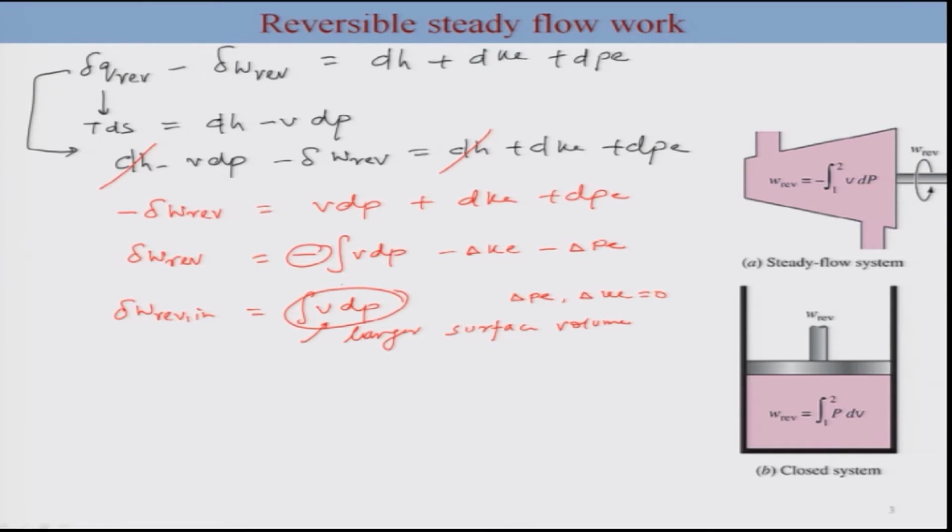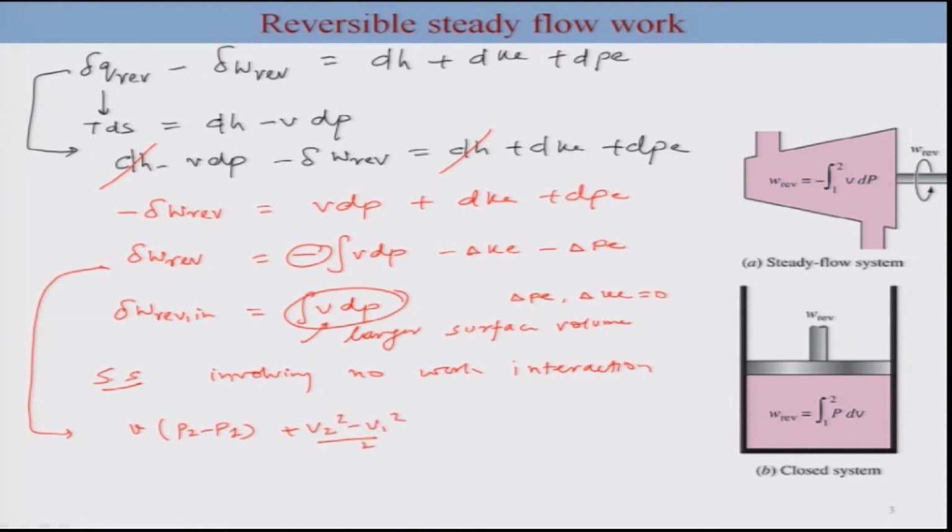Now in case of steady state involving no work interaction, you can rewrite this expression in the following form. If you are considering an incompressible fluid, then this is going to be V times P2 minus P1 plus V2 square minus V1 square by 2, the kinetic energy term, plus g times Z2 minus Z1.